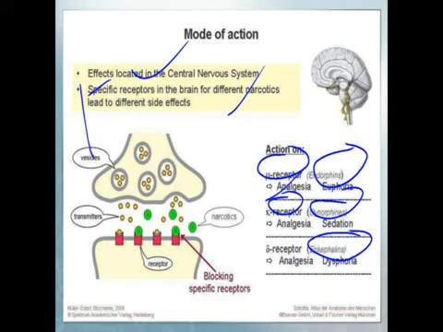Generally, opioids have been shown to inhibit either basal or neurotransmitter-stimulated increased levels of adenyl cyclase activity.